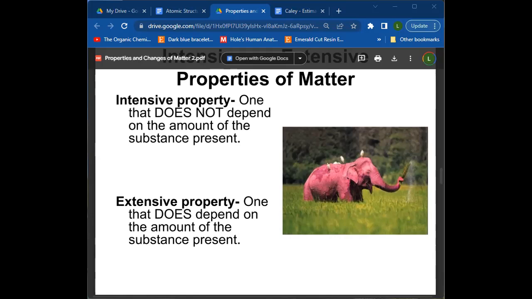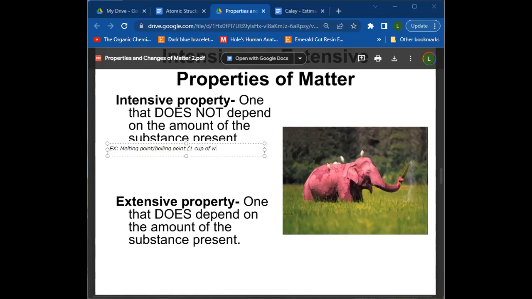So meaning that it doesn't matter how much of the substance you have, an intensive property is going to stay the same no matter what. Okay, so an example would be melting point or boiling point. It doesn't seem like it, but that is an intensive property.